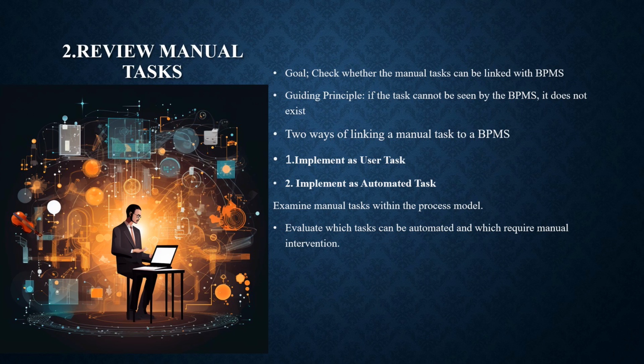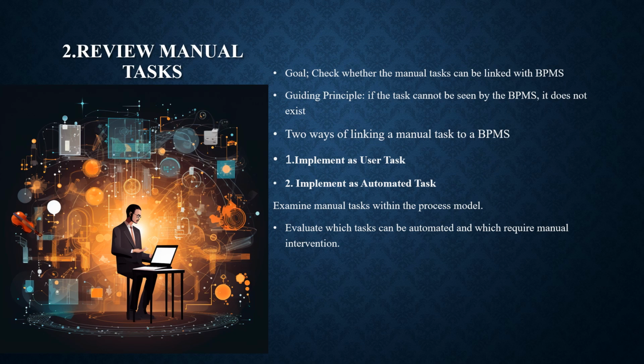So we either find a way to support manual tasks via technology or we need to isolate these tasks and automate the rest of the process. There are two ways of linking a manual task to a BPMS.